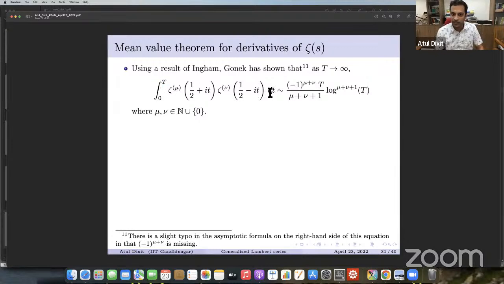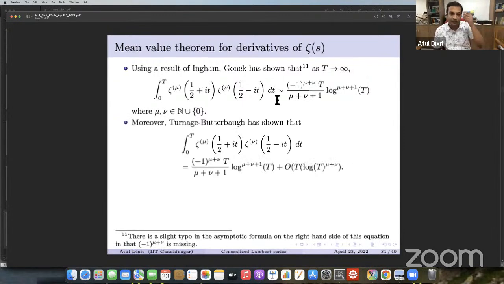And there is no exponential dampening factor in here. But for any mu or nu which is a natural number or 0, of course, when you put mu and nu both equal to 0, this gives you the second moment of the Riemann zeta function. But for any mu or nu in the natural numbers union 0, this is the asymptotic that one can get from certain results of Ingham.